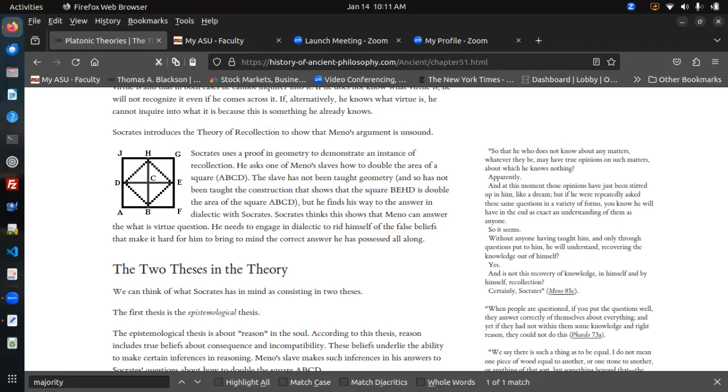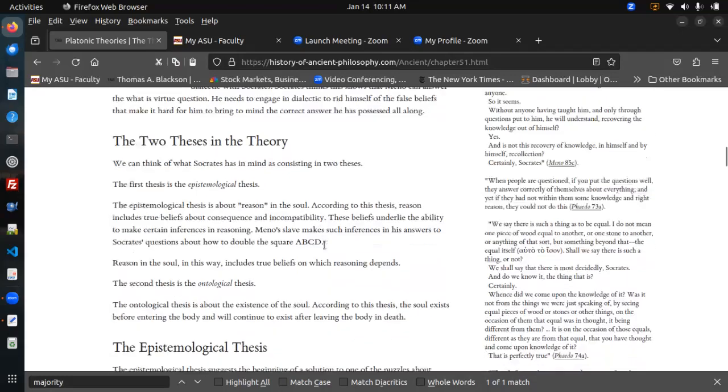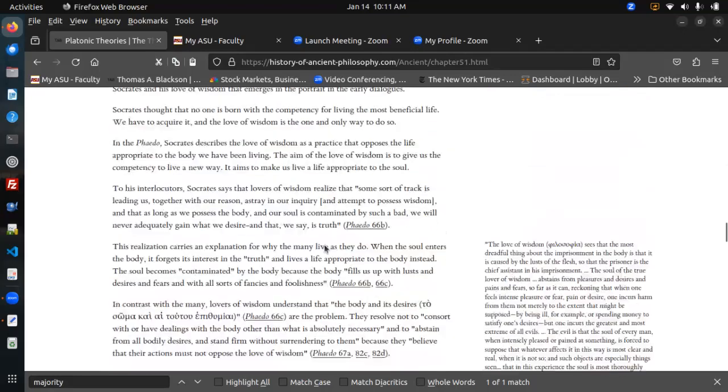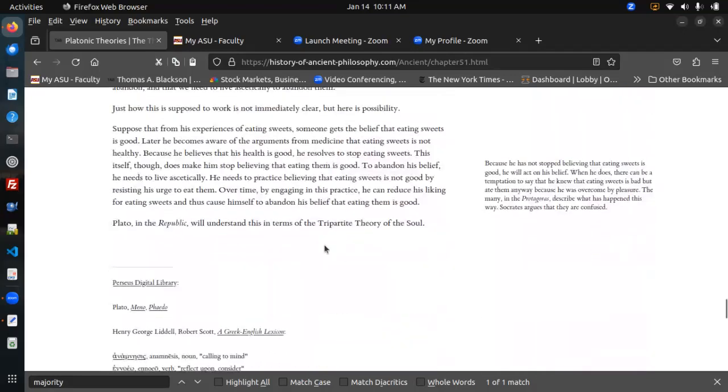Okay. This is what in the notes I call the epistemological thesis. The thesis is supposed to explain how it's possible to know the answers to Socrates' question. And this word epistemological comes from a Greek word. I think I might have it here at the bottom of the page. Let's take a look.